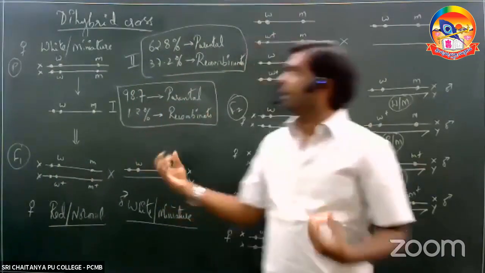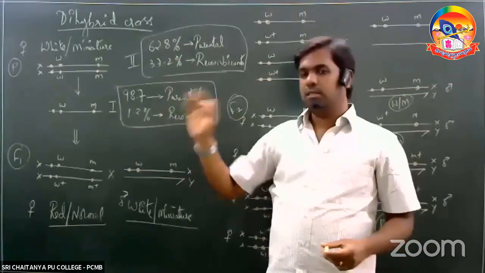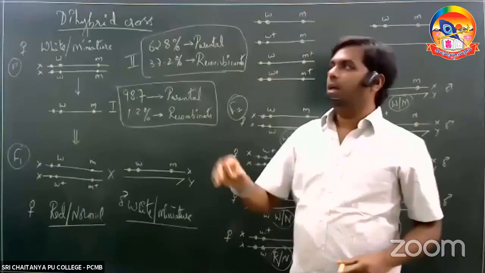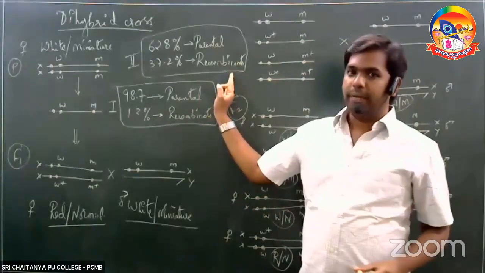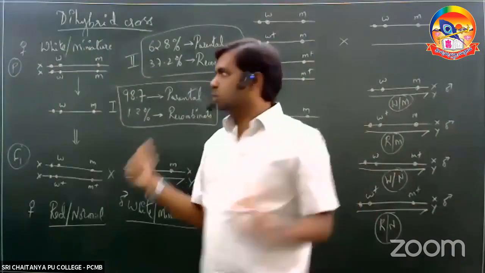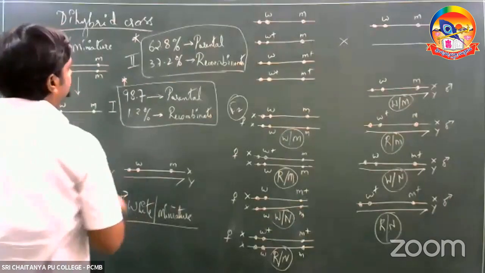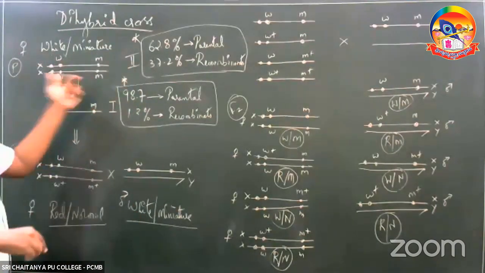So these two experiments prove that there is a direct relationship between the number of recombinants obtained and the distance between the two genes. Important things, you need to remember these ratios, because several times these ratios are the ones which are asked.